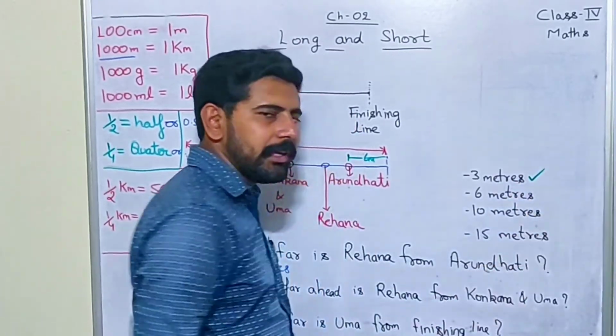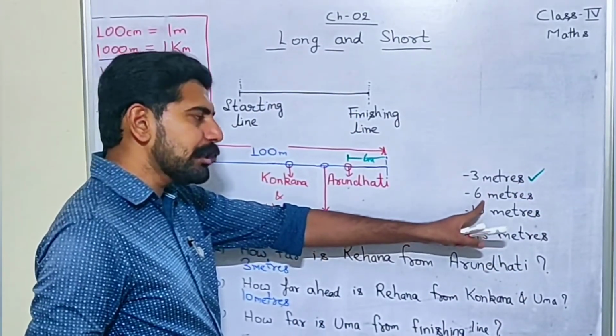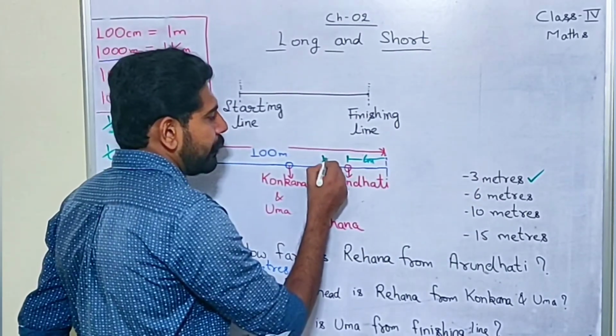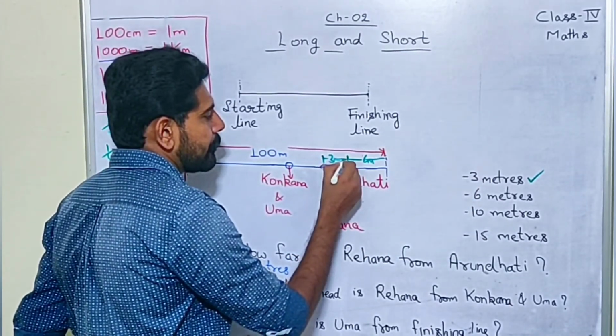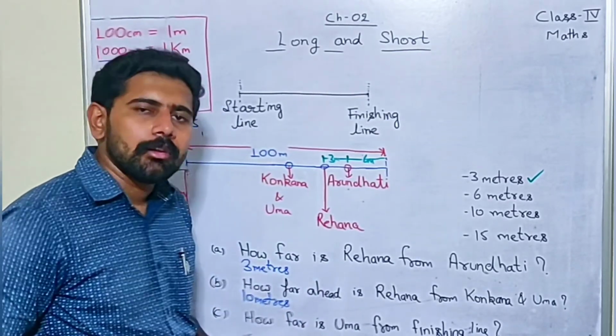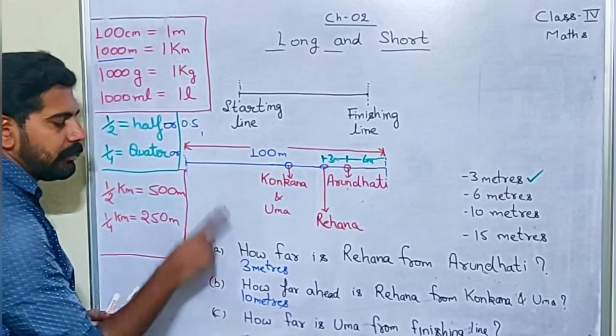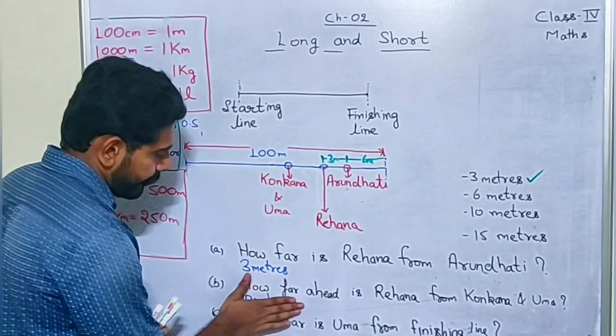So the answer will be 3 meters because 3 meters is less than 6 meters. So we can write 3 meters here. Any doubt or issue? I have written 3 meters. Okay.